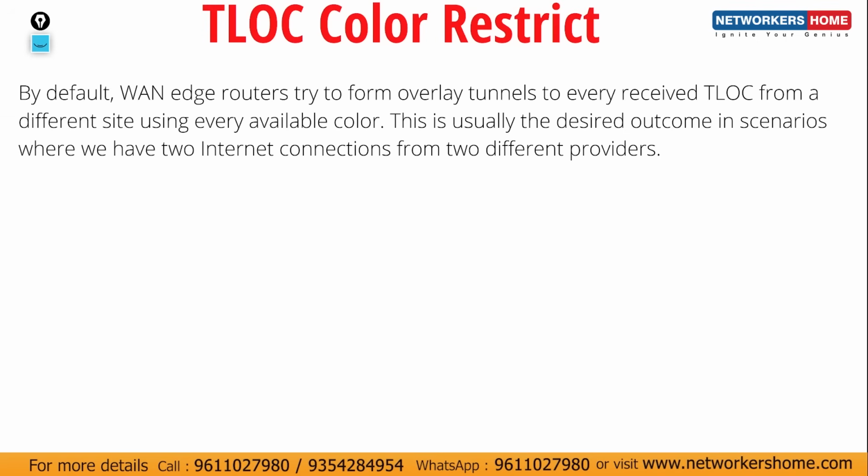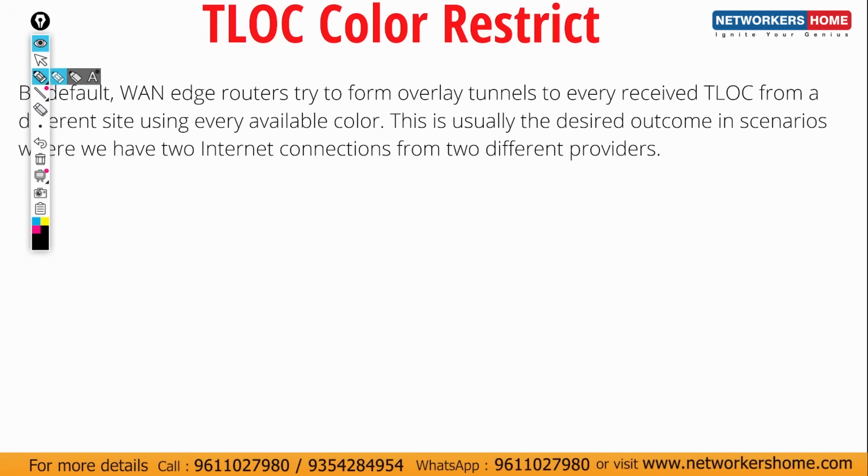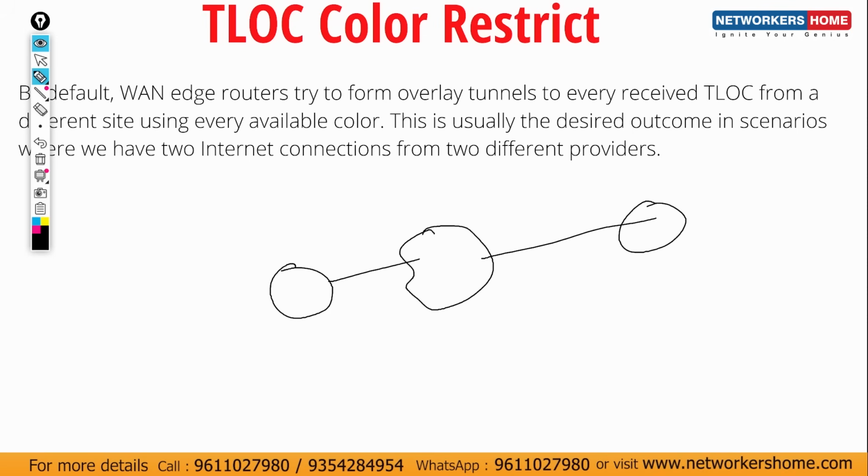What is a TLOC color restrict? By default, as we discussed, you will have a full mesh. Let me draw it here. Let's say these are all connected over internet. By default they will form IPsec tunnels to each other, as Cisco's default behavior.